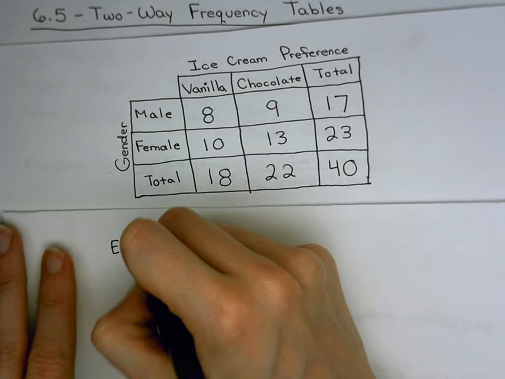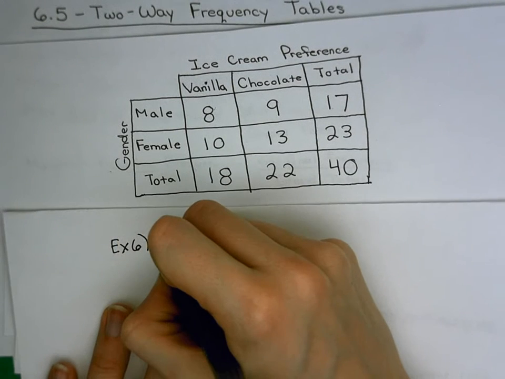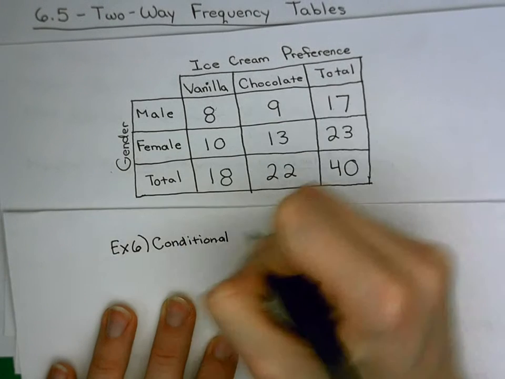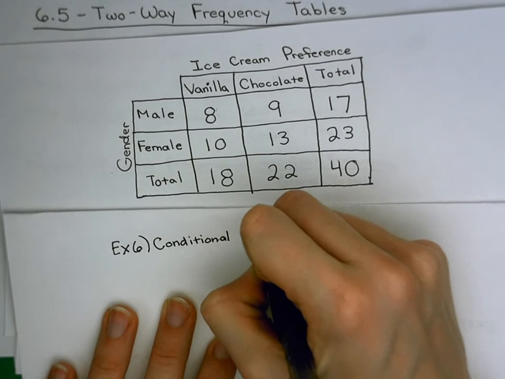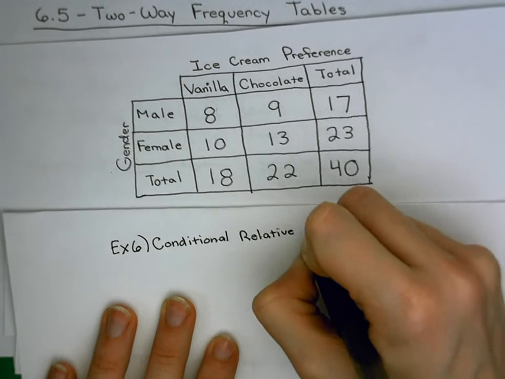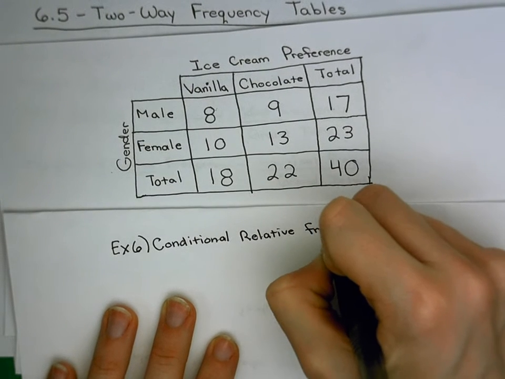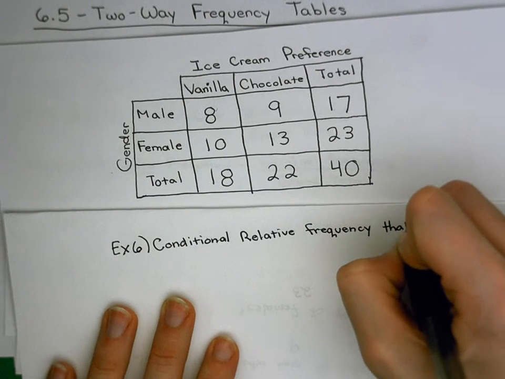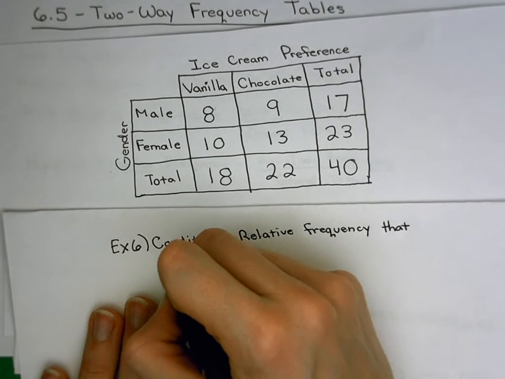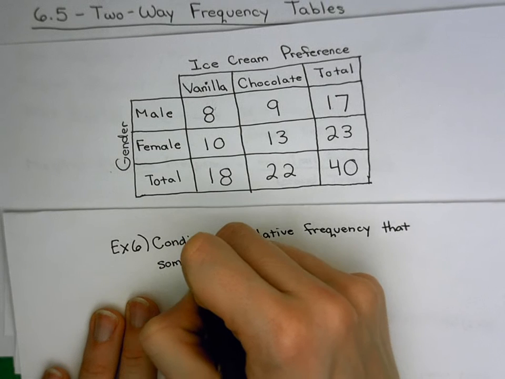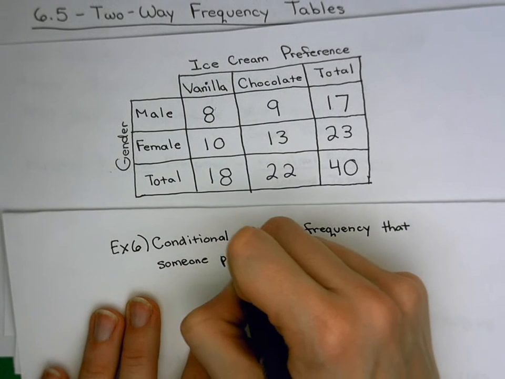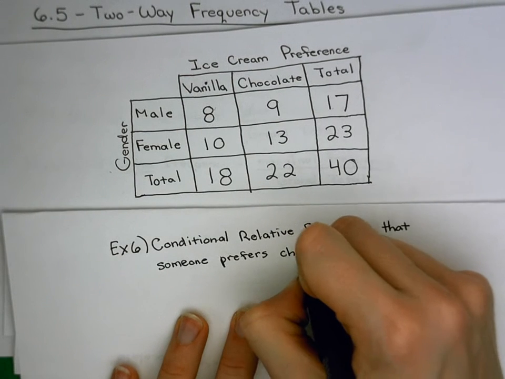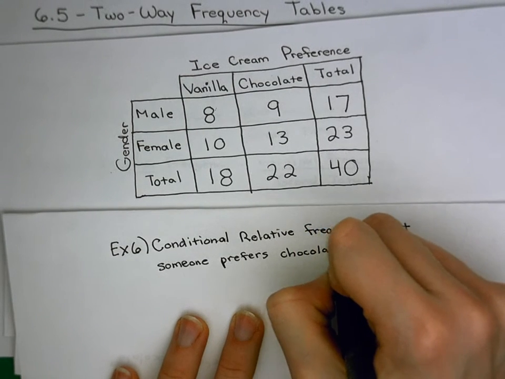So example 6, we have what is the conditional relative frequency that someone prefers chocolate given they are female.